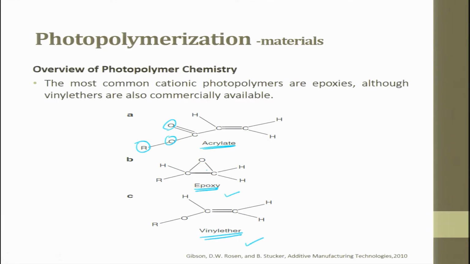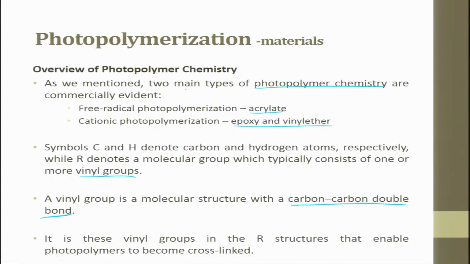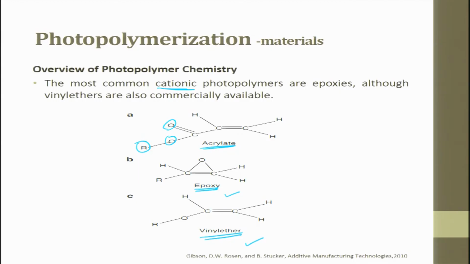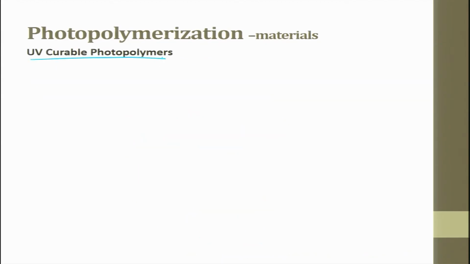So, these two are cation based. The other one is free radical photopolymerization, which is acrylate. So, finally, it looks like you have to have a combination of epoxy and acrylate for forming a strong curable part. So, we will see in a consolidated manner UV curable photopolymers.